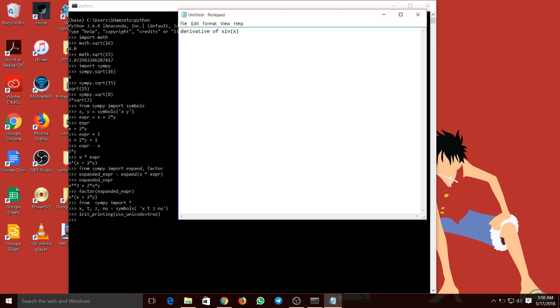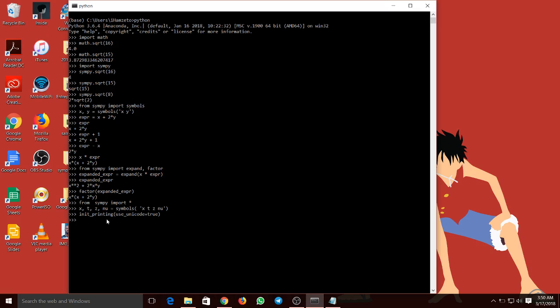I want to find the derivative of sine x multiplied by e to the power of x. This is how we'll start: we first start with differentiate, then the first bracket, then sine x.